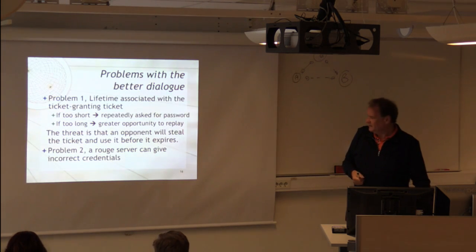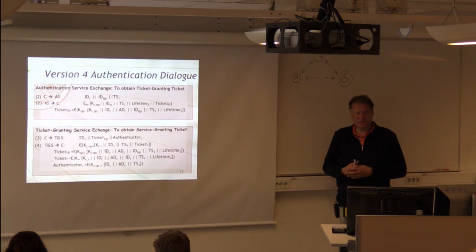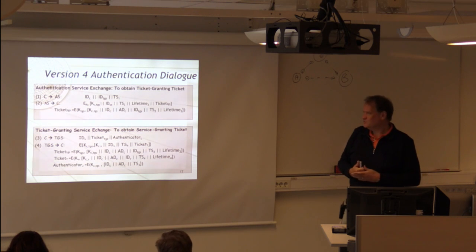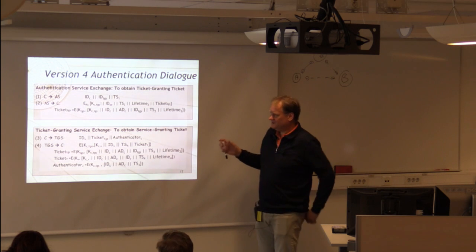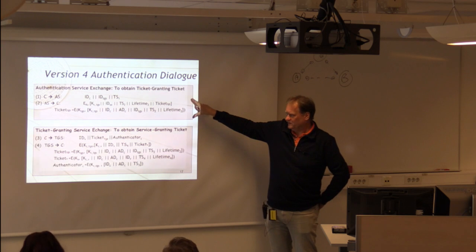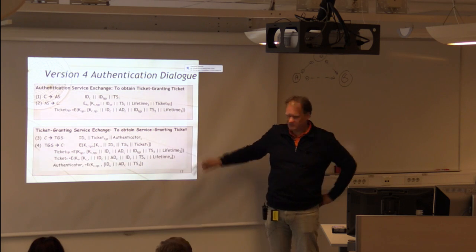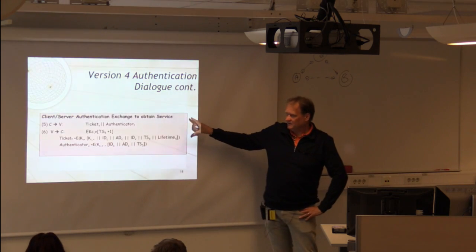There are a few other problems, but the effect is that we have to add even more information. Now we won't go into the details as much because it is a little bit more complex, as you see. The main idea is still the same. We have a first exchange between the client and the authentication server, a second exchange between the client and the ticket granting server, and a third exchange between the client and a special server.